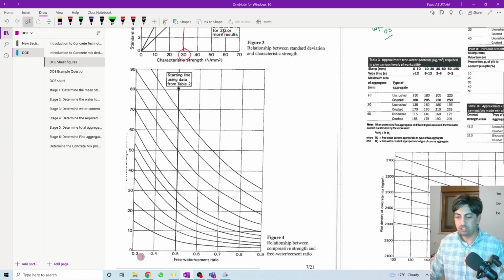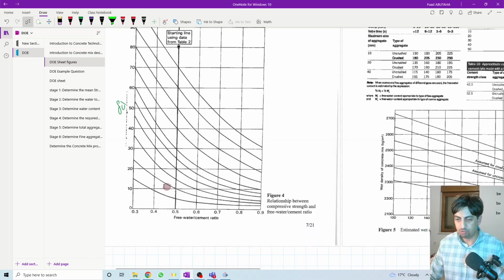It is the relationship between the water to cement ratio and the compressive strength. This is the water to cement ratio, and this is the compressive strength. And here 0.5 is the water cement ratio, and we have a compressive strength here. From the table, we come out with a compressive strength of 42.